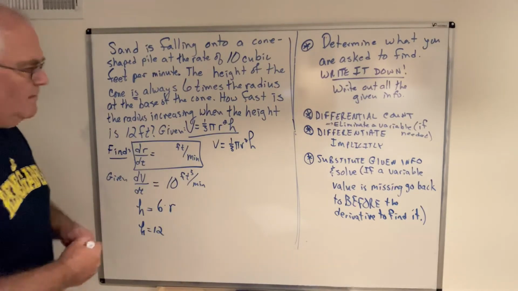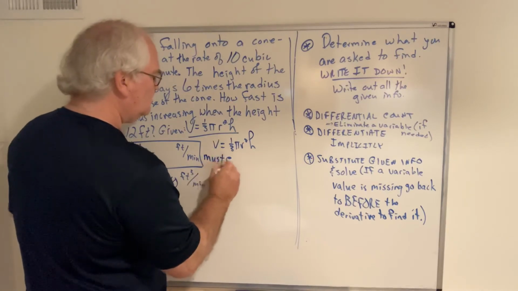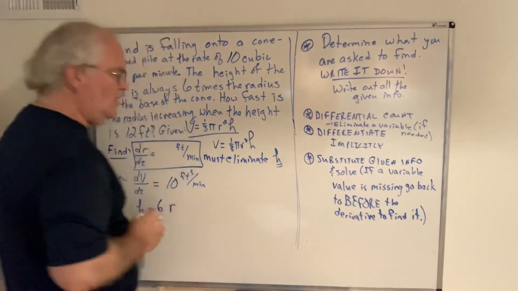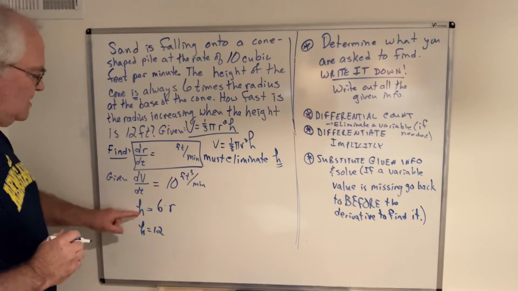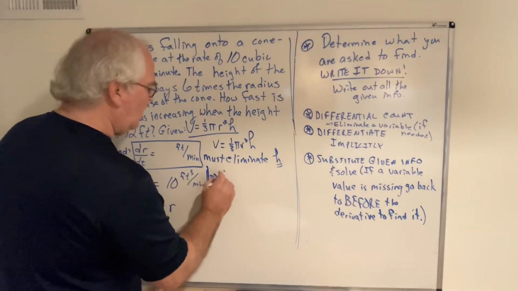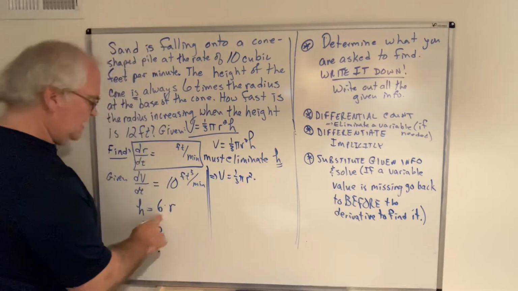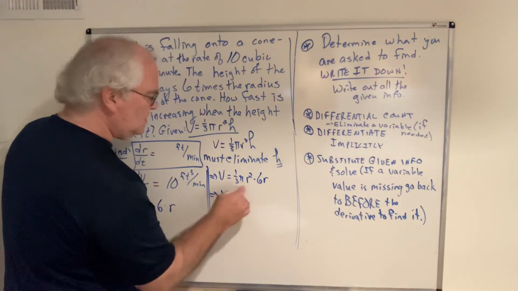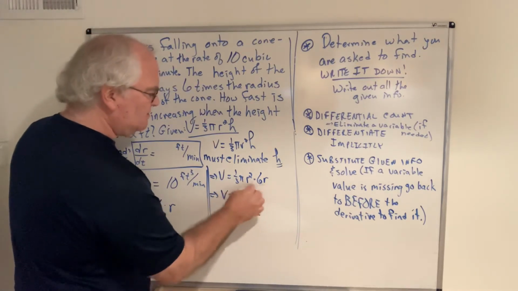And so we must eliminate h because we do not want dh/dt in the problem, and this piece does it. So in place of h, place 6 times r. And so this implies volume is 1/3 pi r squared times 6r. Now simplify. V is equal to 6 times 1/3 is 2. 2 pi, this becomes r cubed.